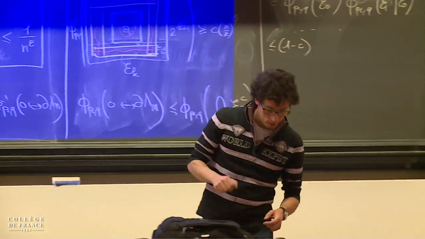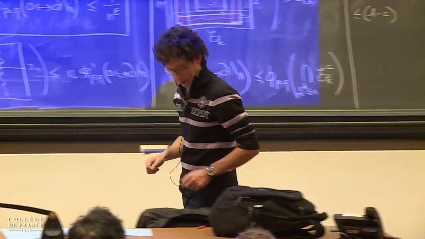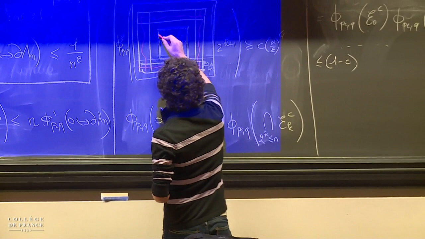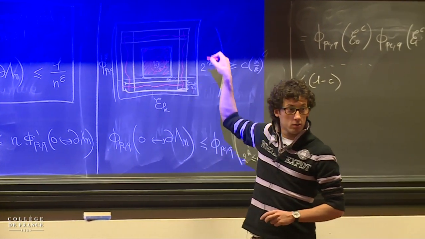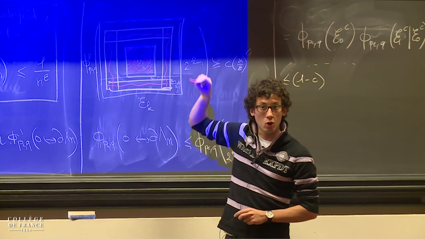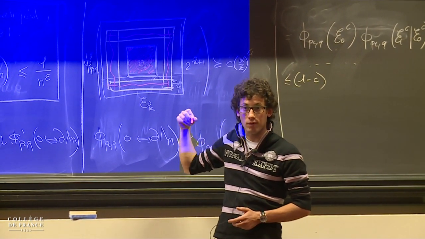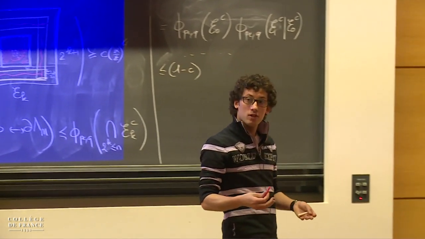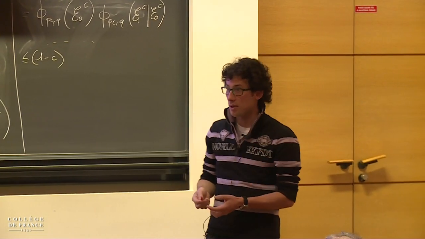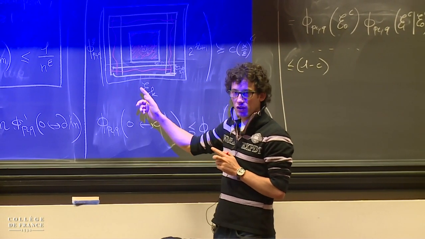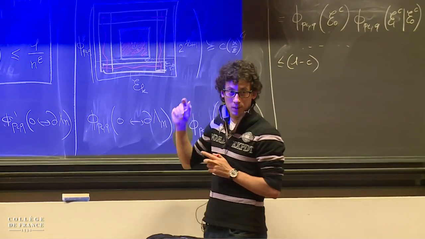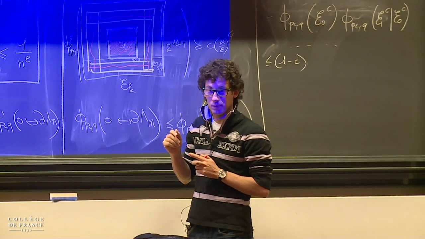I lost my red. Okay. Here, everybody is red. So this is helping me a lot somehow to have a dual open path, right? To have red, because as we say, we have the FKG inequality, so everybody is helping each other. But what I say is that whatever the boundary condition, this probability is still not too small.